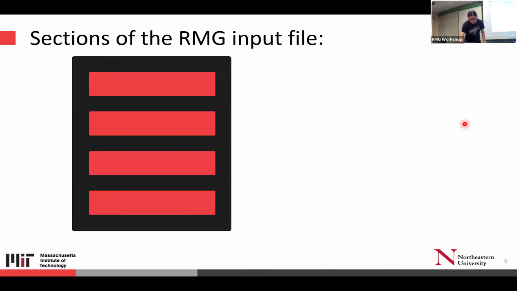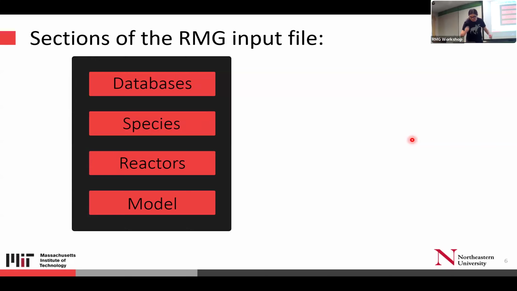Okay, so here is our sample RMG input file. It has different sections where you give it different information on things like the databases, the different species you want it to include, what kinds of reactors you want the gas to react in, or liquid or solid, and the model, so that's how RMG is going to build parameters for how RMG should go about constructing the model.